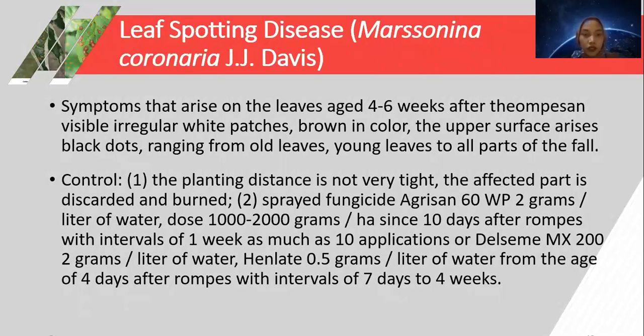Dose 1,000 to 2,000 grams per hectare, starting 10 days after planting with intervals of 1 week, as much as 10 applications. Delsene MX 2 grams per liter of water and 0.5 grams per liter of water from the age of 4 days after planting with intervals of 7 days to 4 weeks.